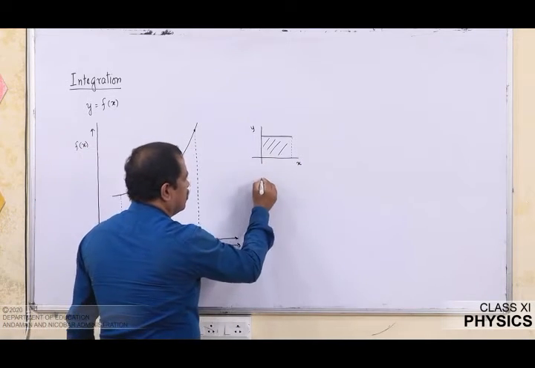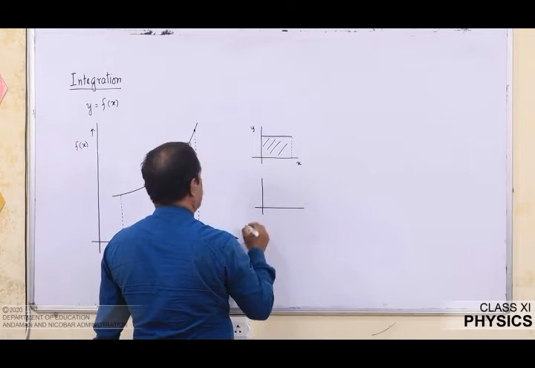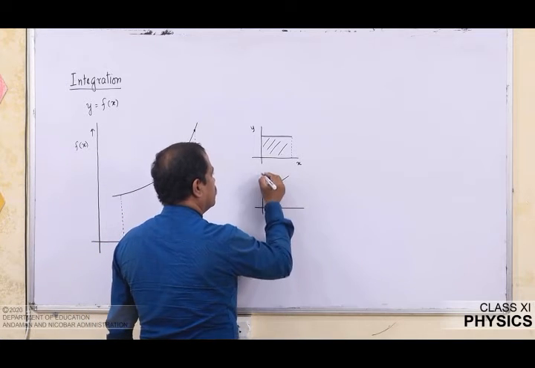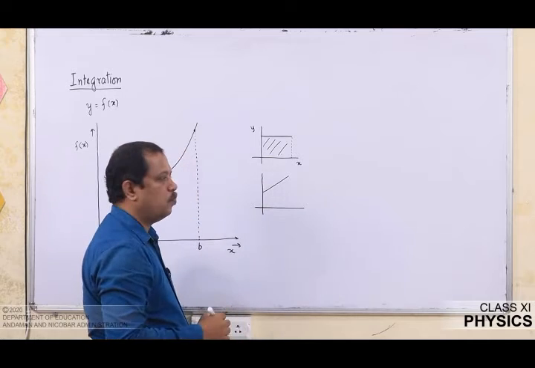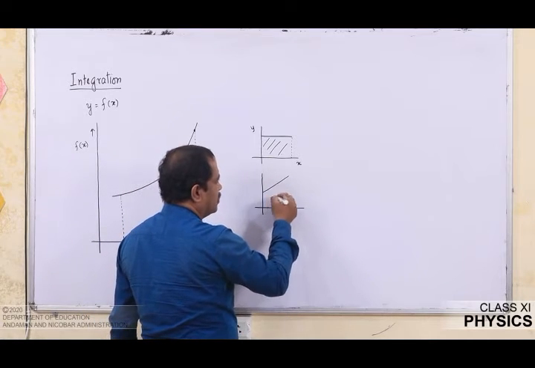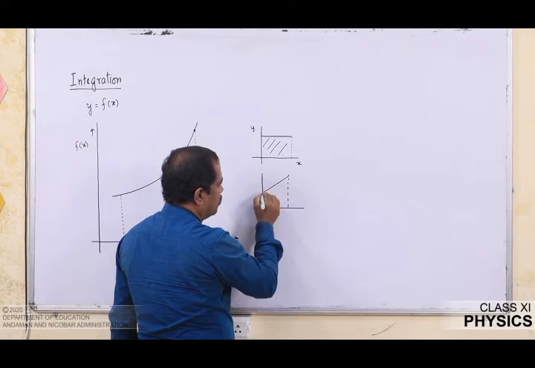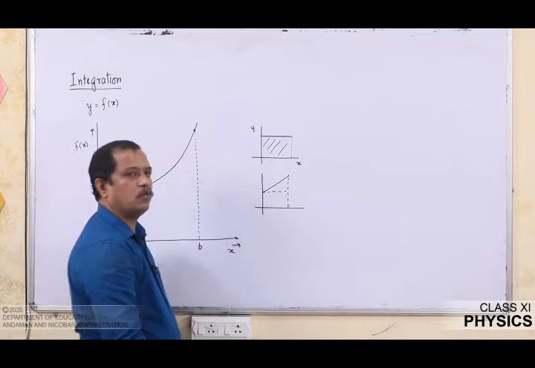Had the graph been like this, then also to calculate the area under this graph, I could have split the area into two parts.